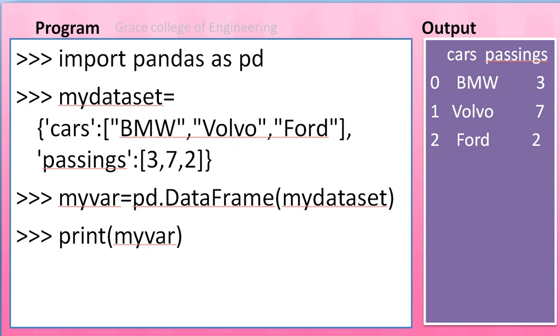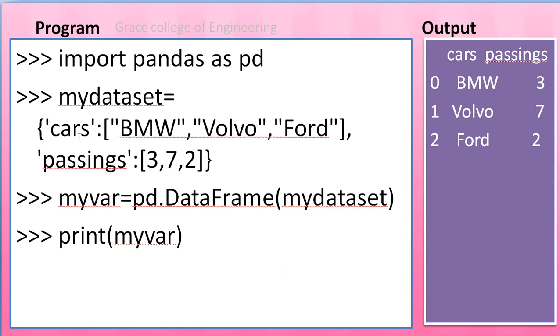Let's see the program. Import pandas as pd. We are doing a Pandas program, so you want to import the package, that is Pandas. mydataset is a variable which is equal to curly brackets, that is a dictionary. It indicates a dictionary.